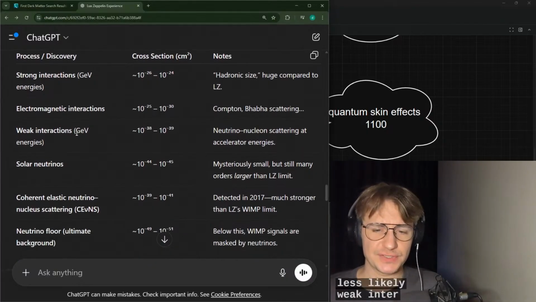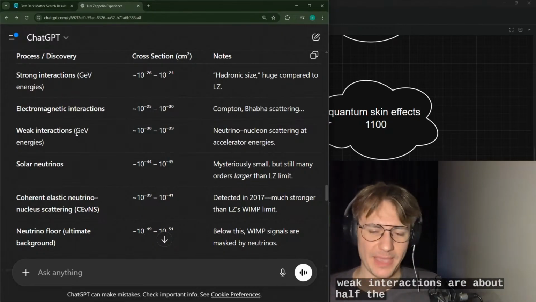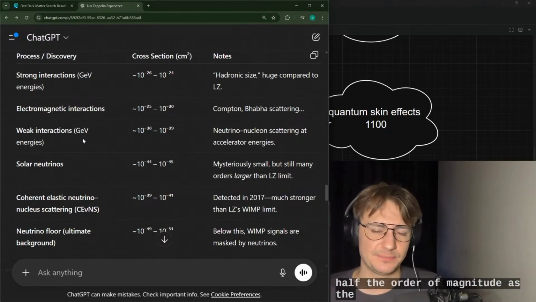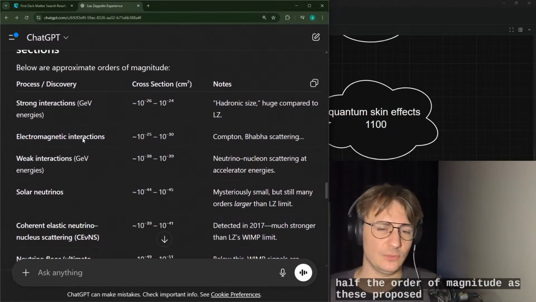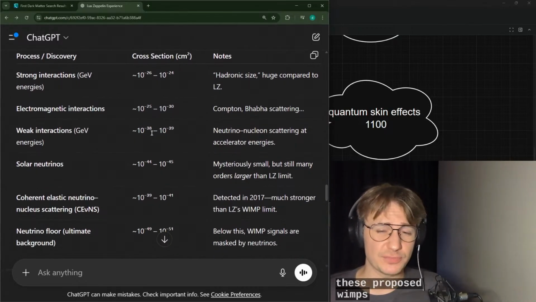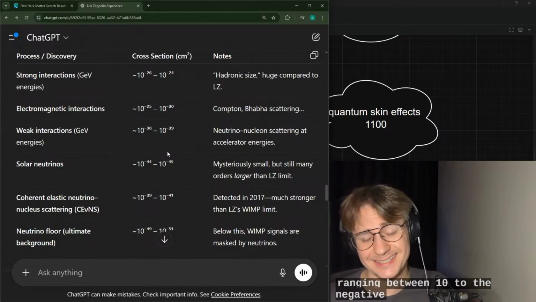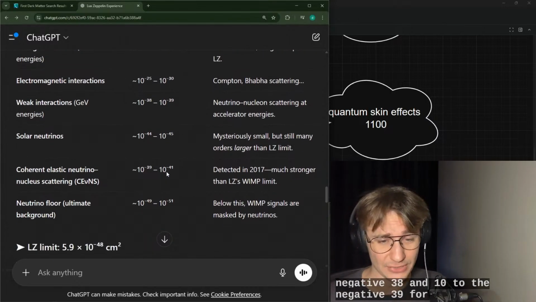Weak interactions range between 10 to the negative 38 and 10 to the negative 39.